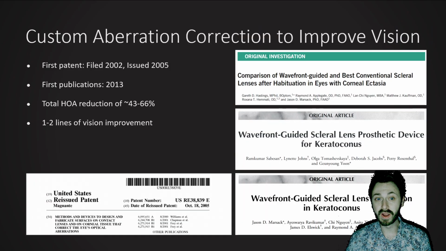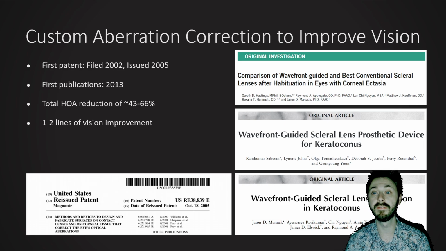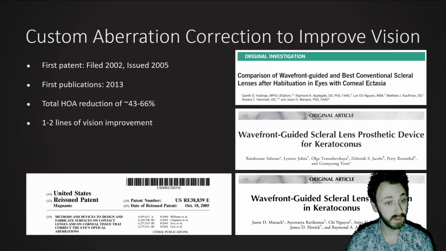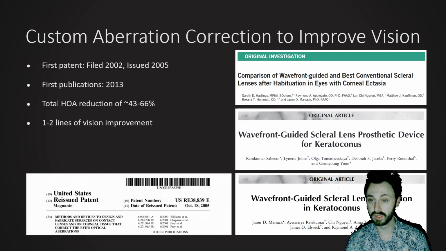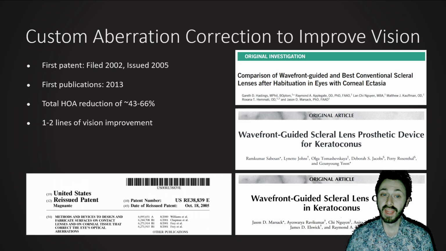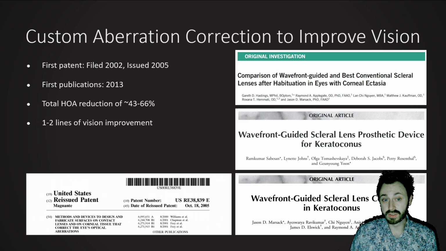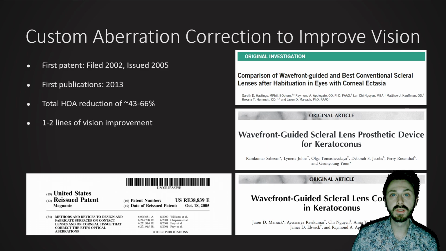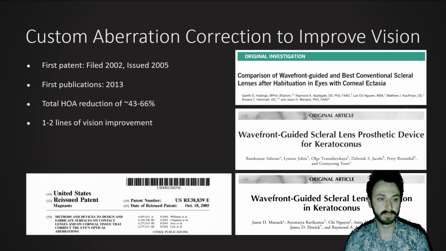But this technology has been around for a long time. 2002 was when this was first filed, and then first approved or issued in 2005. It's 20 years ago. The first publication really was in 2013, and they found about the same reduction of about 43 to 66% in total higher order aberration.